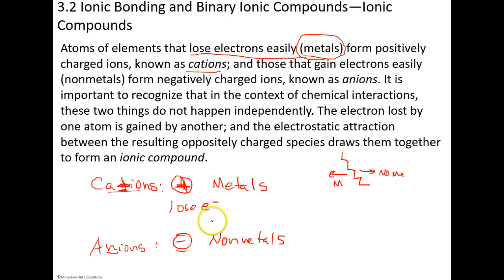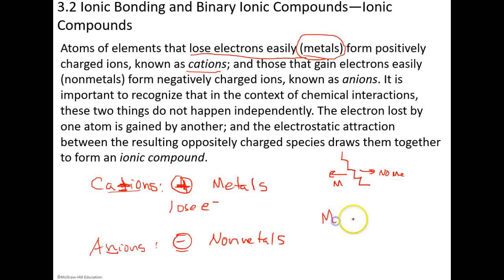One of the things you have to be able to do is recognize if something's ionic, meaning it has a plus charge or a negative charge. In the context of chemical interactions, these two things do not happen independently. You don't just form a cation. If you form a cation, you also have to be forming an anion at the same time.